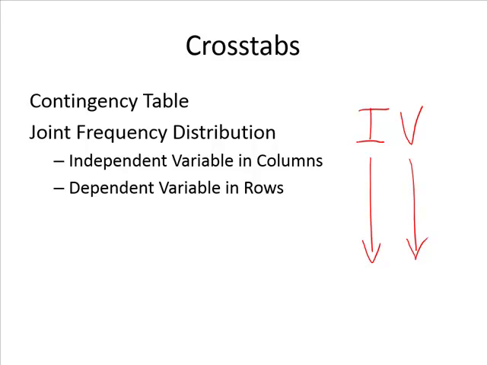So in our example, what was our independent variable? Depression, right? We wanted to know if you had been told that you were depressed. And our dependent variable is in the rows, and that was the suicide.